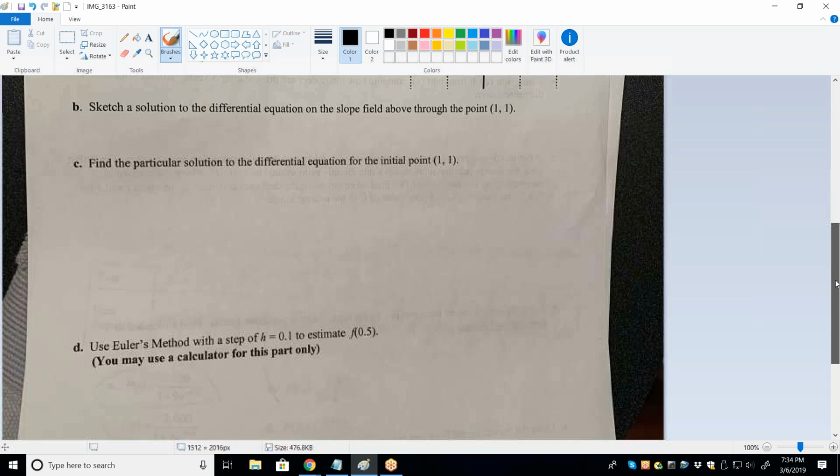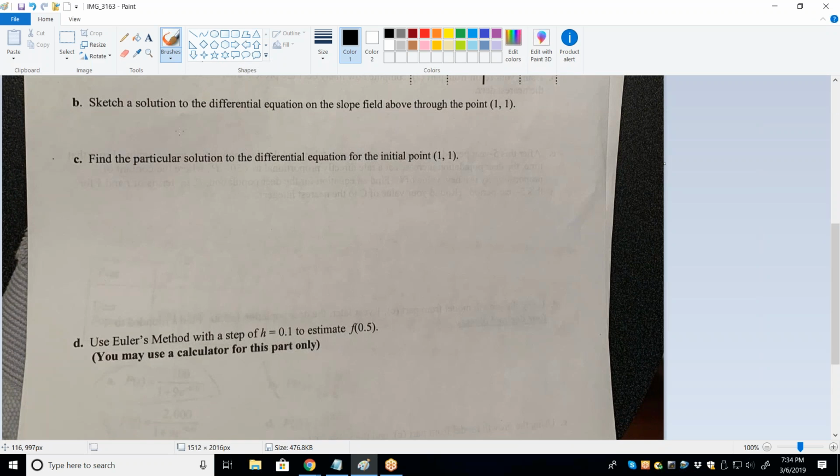But I did want to mention this. The last part says use Euler's method to calculate f of 0.5. Well, that's a calculator problem. What kind of calculator do you have? TI-84 Plus CE. Okay, well, you want to go in there and find Euler's.